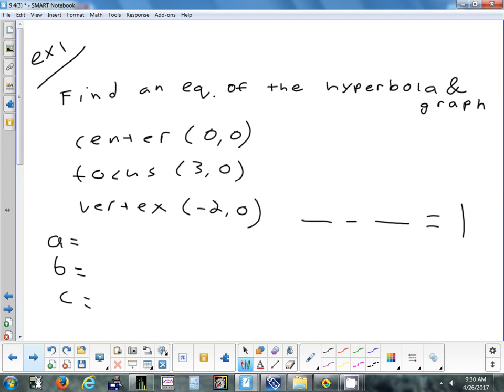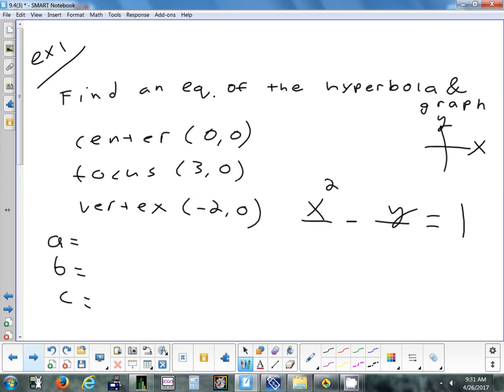X. X is always your horizontal. So that means make X positive. Make the Y negative. Whichever letter you make positive, that will be the direction of the transverse axis. And I told you the transverse axis was going horizontal.